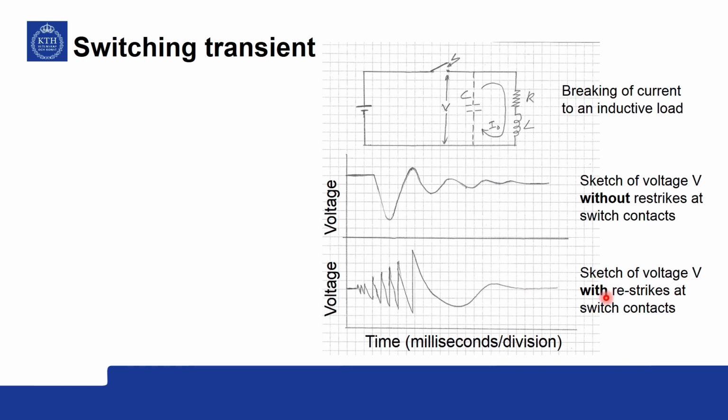This is a sketch of voltage V with restrike at switch contacts, and the time is in milliseconds per division. So, you can see that there is high frequency content in this arcing. Depending upon the design of your circuit and the switch, you can produce devices that produce a lot of noise or less noise.